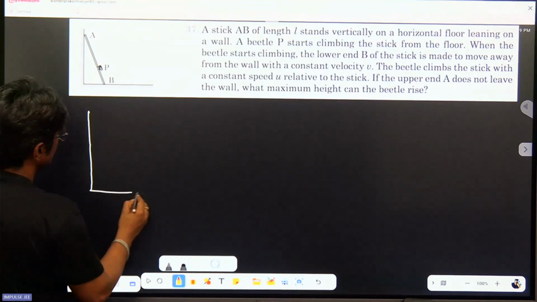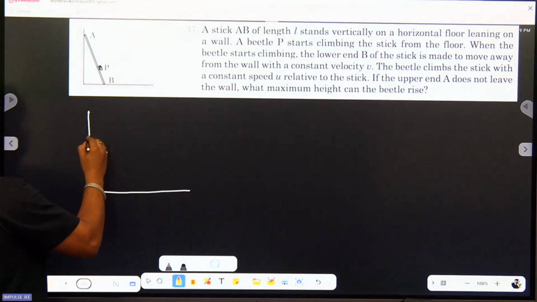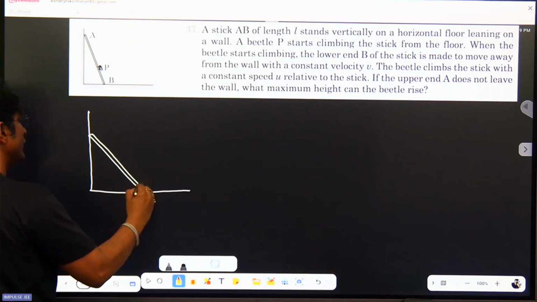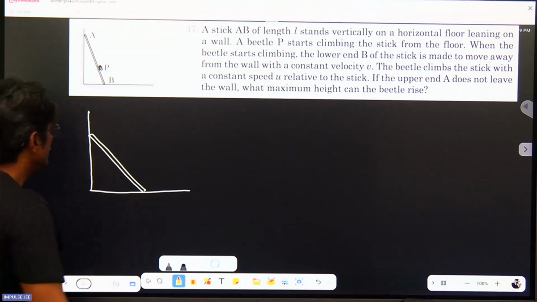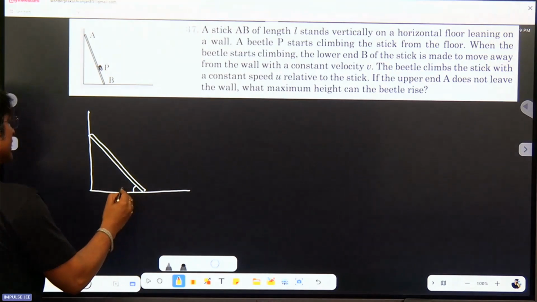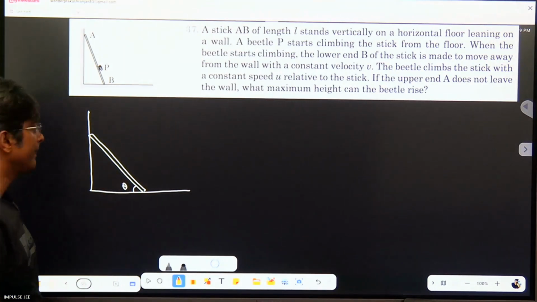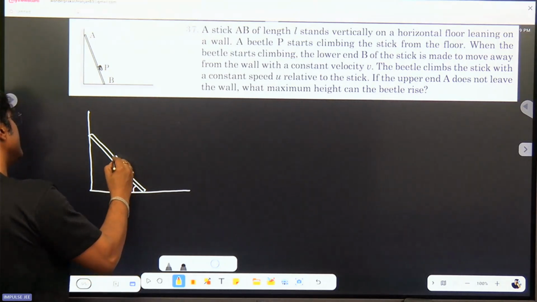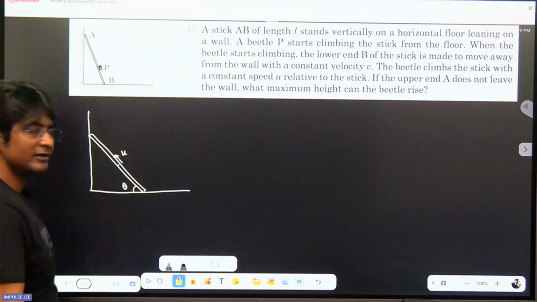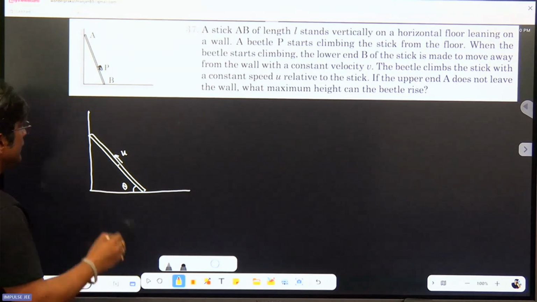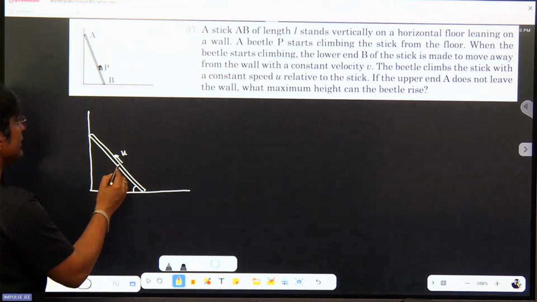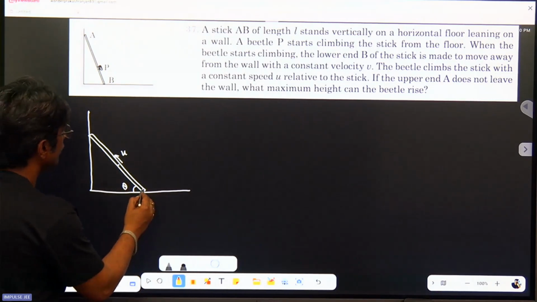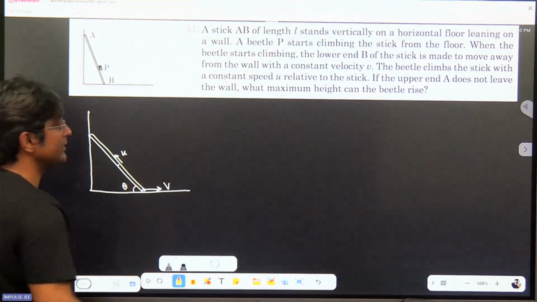See, this is the surface, and this is the ladder on which the beetle is going to climb. This is the situation at any angle theta. So if at any instant the beetle is here and going with constant relative speed u, how do we decide whether its height is still rising or falling, because this end is also moving with a constant velocity v?